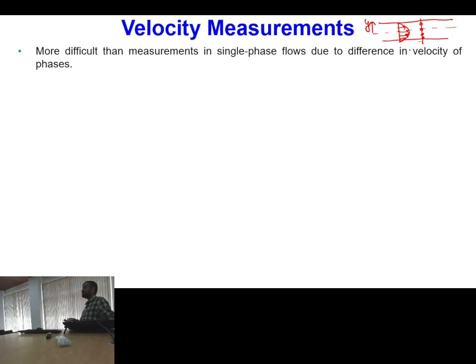We can use more known methods which you have already studied in your undergraduate courses, such as venturimeter, orifice meter, etc. These are obstruction based flow meters, in which we employ the change in pressure at two different locations to measure the average velocity.